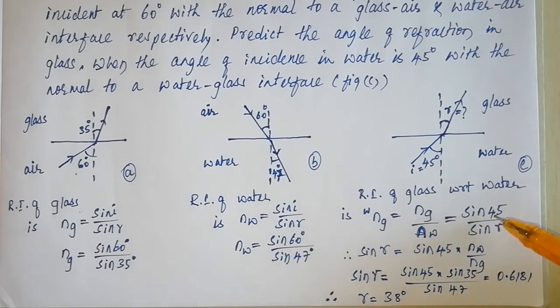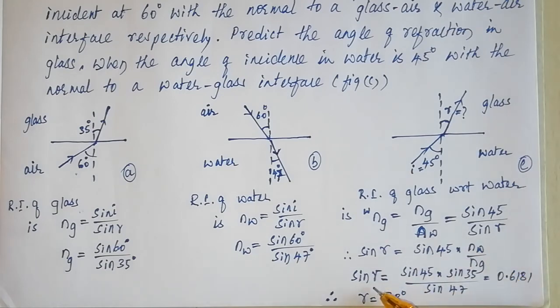Then from Snell's law, sin i by sin r, sin i is 45, and r is to be determined. So we can rewrite this expression to determine r, the angle of refraction for light traversing from water to glass. Therefore sin r equals sin 45 times Nw by Ng.